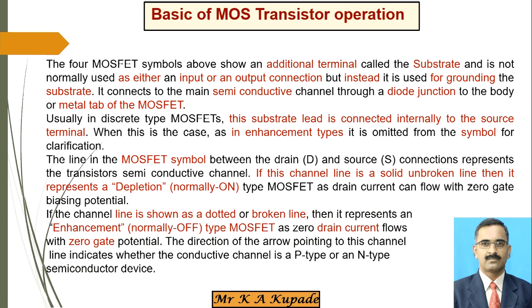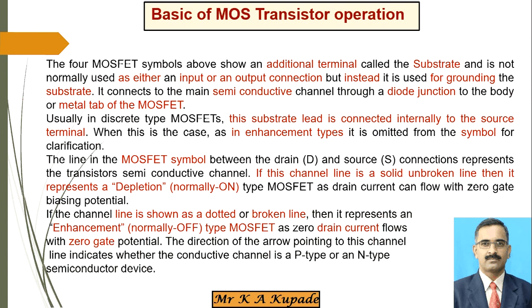Now by considering that, again we will discuss how exactly it works. In the four MOSFET symbols shown above, the additional terminal is called the substrate, and it is not normally used as either an input or output connection, but instead it is used for grounding the substrate.